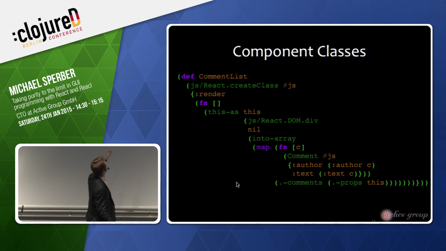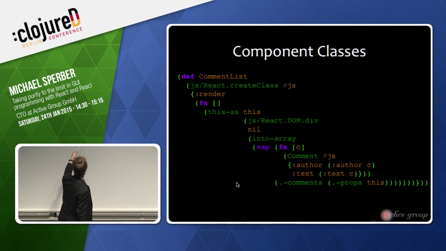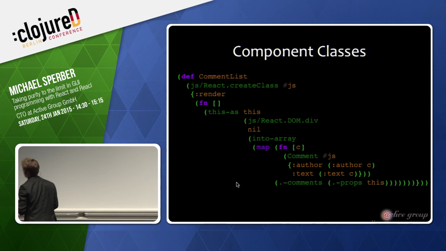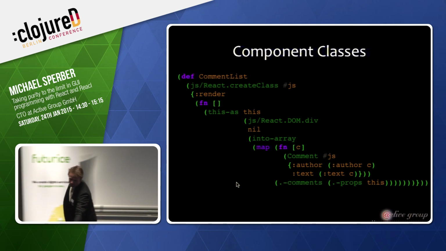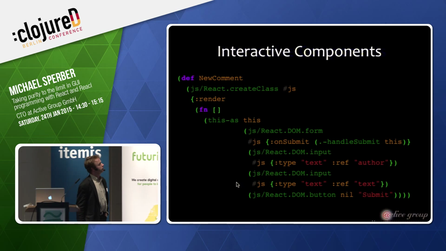And this component also receives arguments with the initial list of comments in the props object. Again, this is JavaScript code that's translated straightforwardly into ClojureScript.